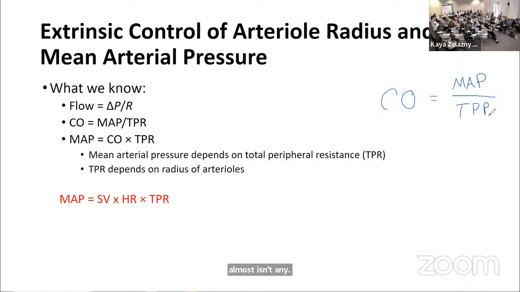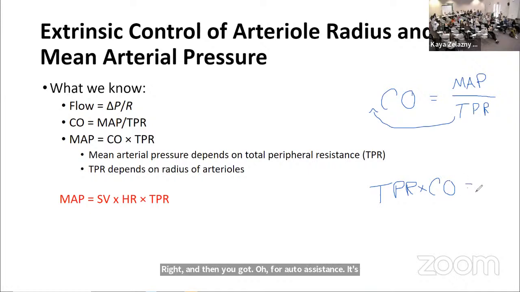We can reshape this equation again and move our total peripheral resistance over. Then total peripheral resistance times our cardiac output is going to give us our mean arterial pressure, so basically our average blood pressure, a weighted average, so that we account for the fact that diastole takes double the time of systole.